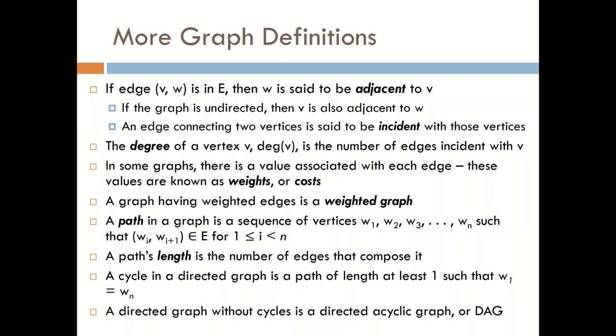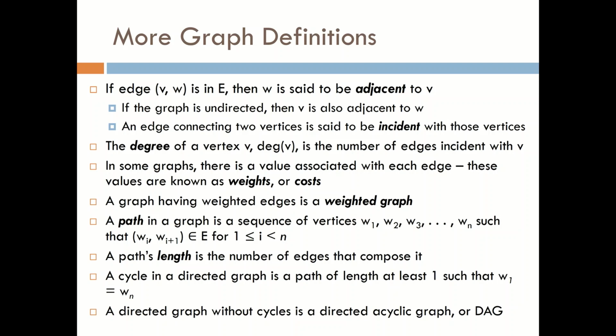And an edge that connects two vertices is said to be incident with or to both of those vertices. So the degree of a vertex V, shown as deg(V), is the number of edges incident with V. And we may sometimes break this down into in-degree and out-degree and have separate sets for those.